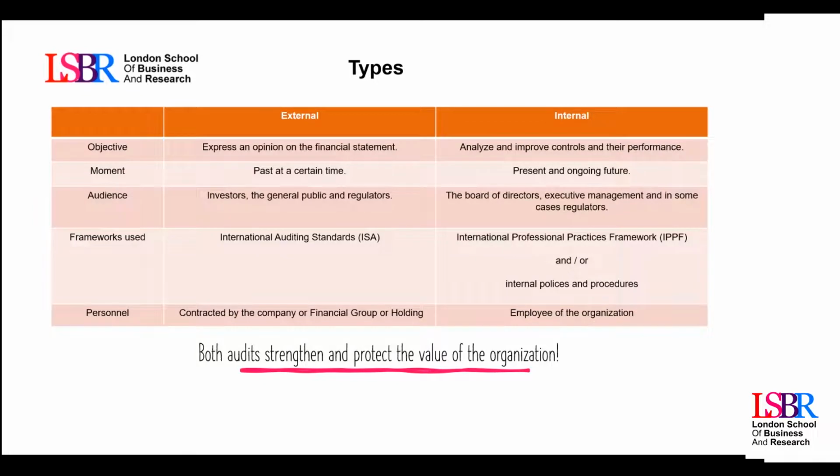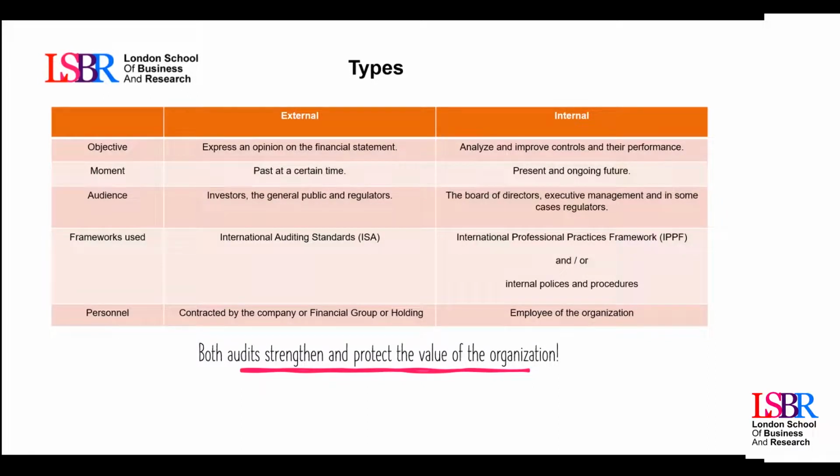And the fifth difference is that the external auditor is contracted by the company or the financial group. For example, if we remember the Big Four, these big companies that provide external audit services, for example, KPMG, Ernst & Young, Deloitte, PwC.